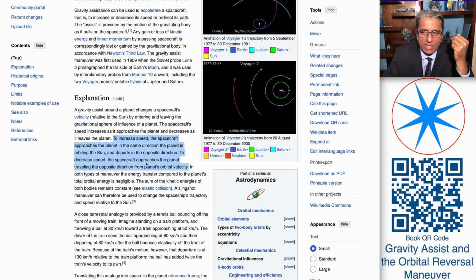No, most of the time when you approach it in the same direction, as we saw in our table, you lose velocity and depart in the opposite. To decrease speed, the spacecraft approaches the planet traveling the opposite direction from the planet's orbital velocity. No, this actually increases speed. Let me get rid of this error.